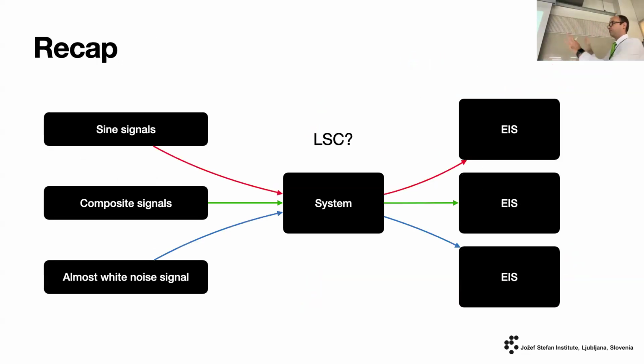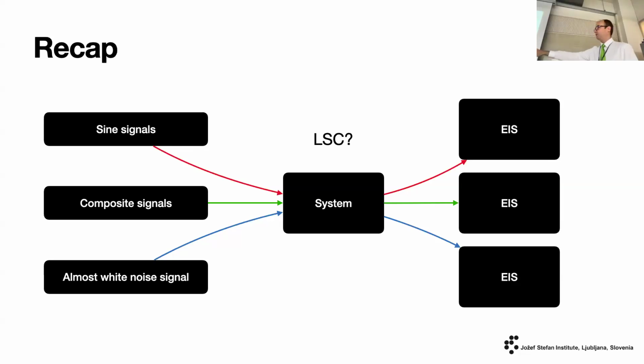So let's recap what we have up until now. We have a system that is linear, stable, and causal. We can excite it using sine signals. We know how to do it. We can excite it with composite signals. We know how to do it. We can excite it with almost white noise. I just give you a sneak preview.